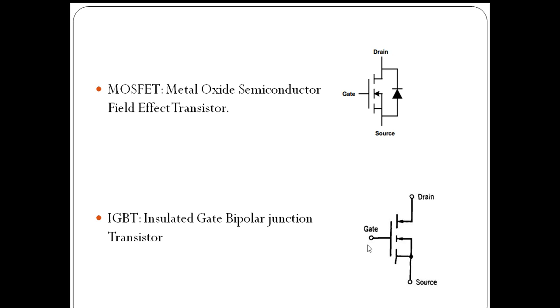The MOSFET has high input impedance, and the power BJT has low on-state switching losses and low on-state voltage drop. By considering these two advantages, the IGBT has been designed, and the substrate in the MOSFET is replaced with P type material in the IGBT. So it is a similar construction to the MOSFET.